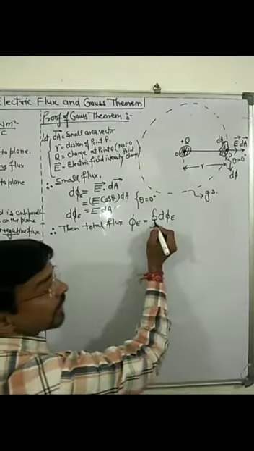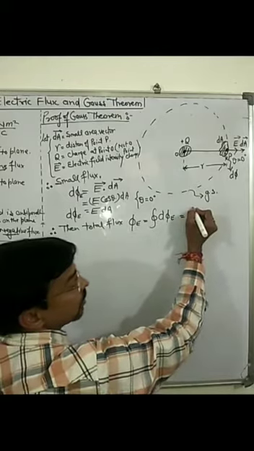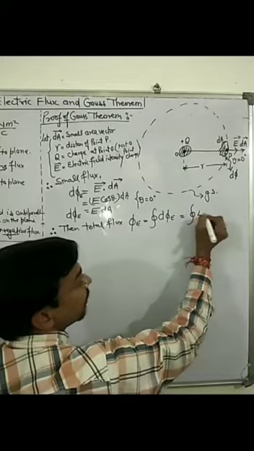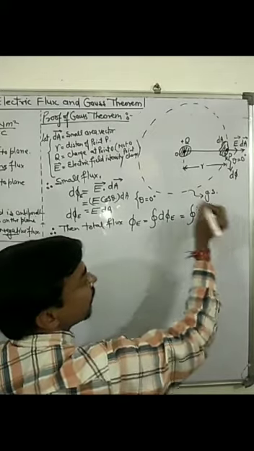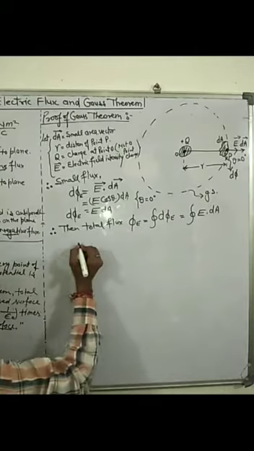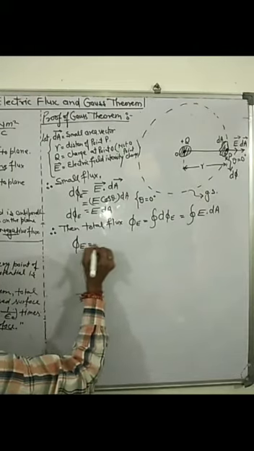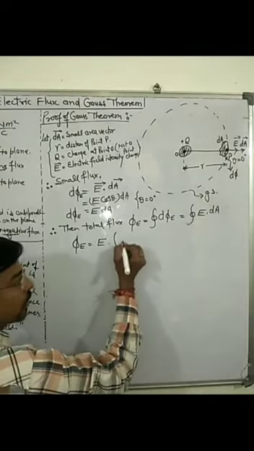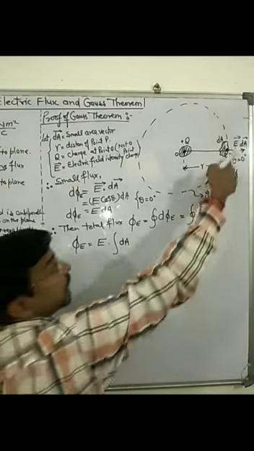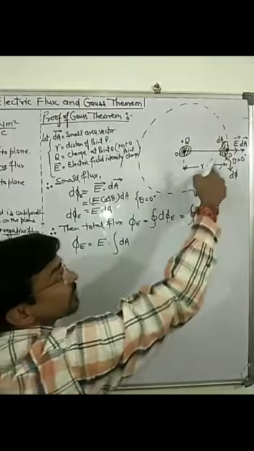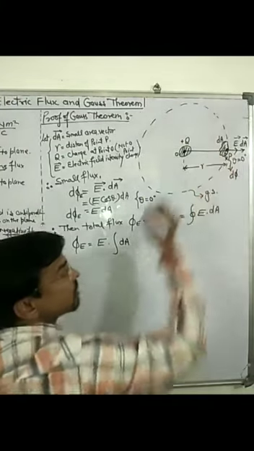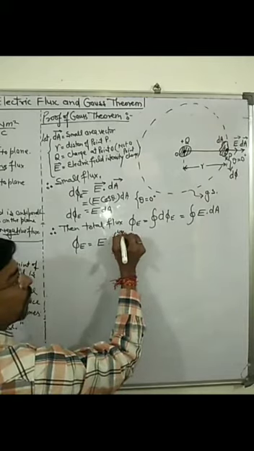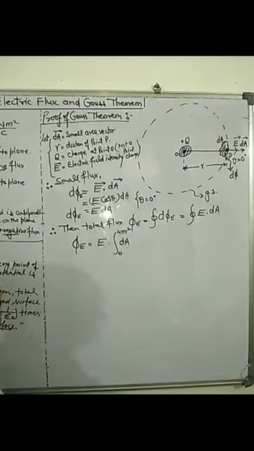So we will use that particular sign here, and d phi E is written as E into dA. And phi E equals E times the integration of dA, the area of that particular Gaussian surface, because dA was chosen at the Gaussian surface. It must exist from 0 to 4 pi r square.